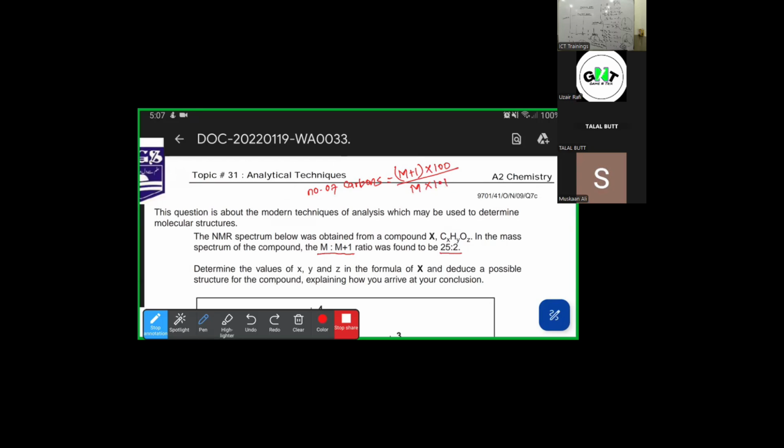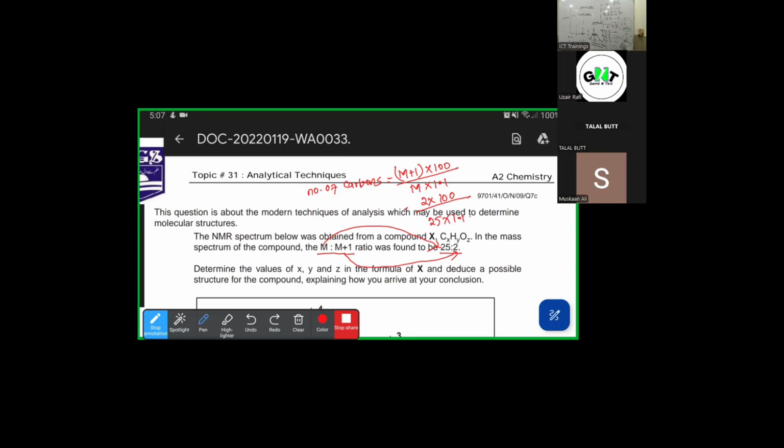Okay, so now we are putting the values up here. M plus 1, that is 2, and M, that is 25. I'm going to tell you an easiest method. M plus 1, that is always small. The small value would be of M plus 1. So 2 times 100 divided by the M, that is 25 times 1.1.